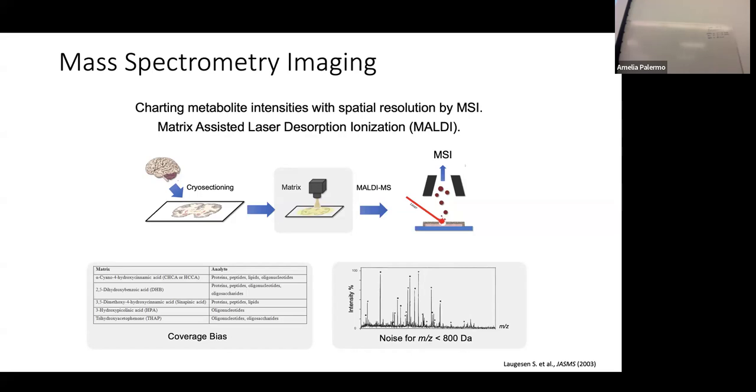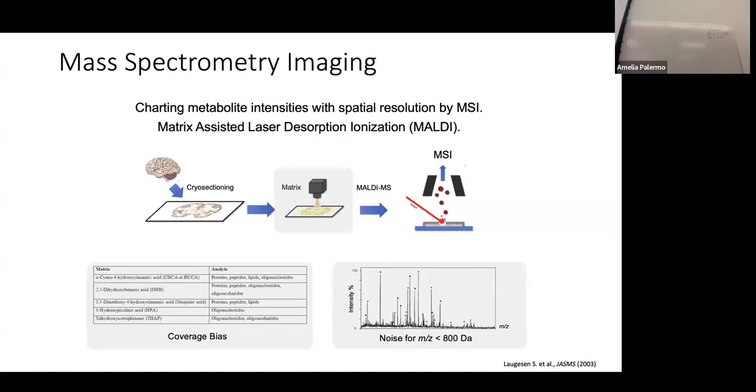There are historically some that are reported in this table, like DHB, dihydroxybenzoic acid, or HPA, hydroxypicolinic acid. These are compounds that are distributed on the surface and are able to enable the desorption and ionization. They do so by transferring either a proton or an electron. So there is an exchange that enables the ionization of the metabolites or the molecules in the sample.